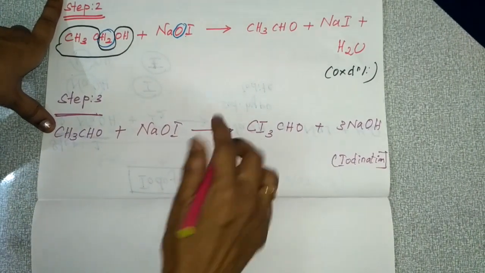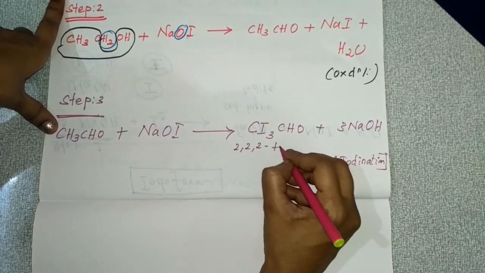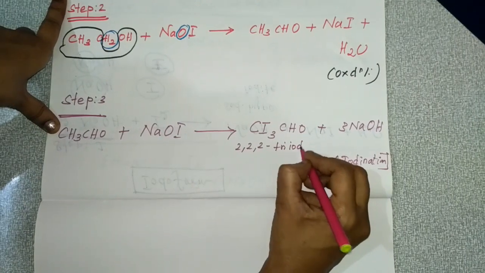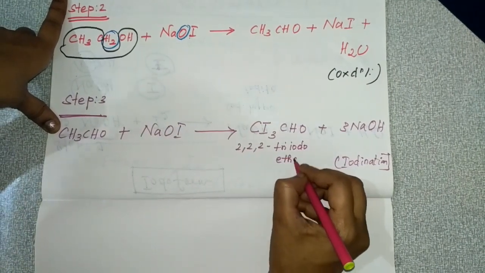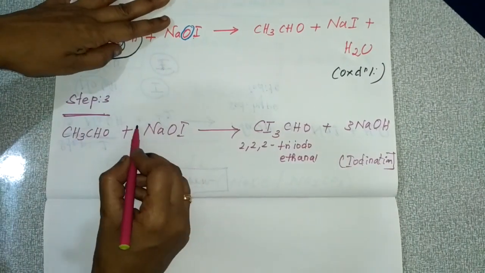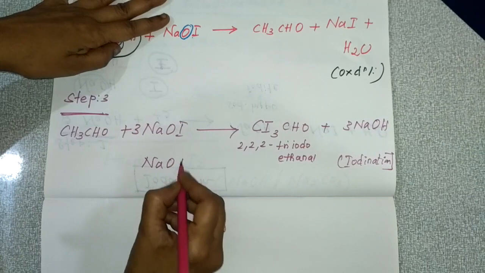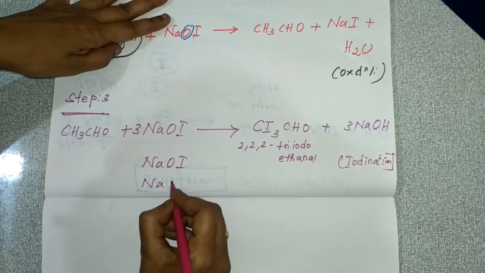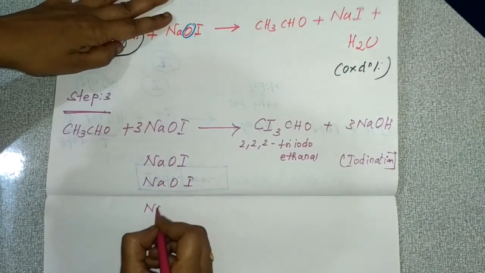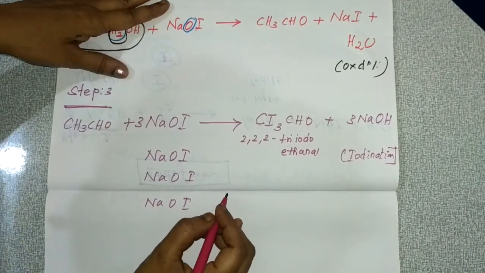So the product formed is 2,2,2 triiodoethanol. So here I can write 3NaOI. So here what happens?